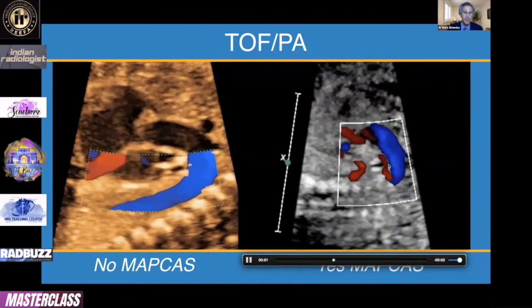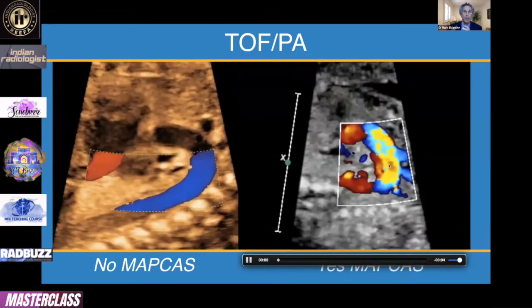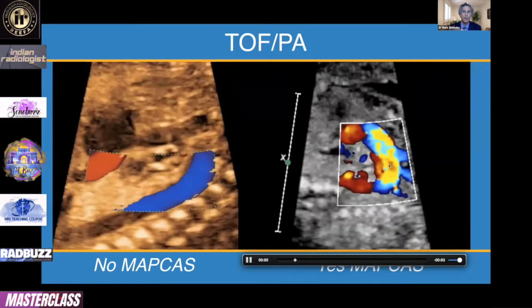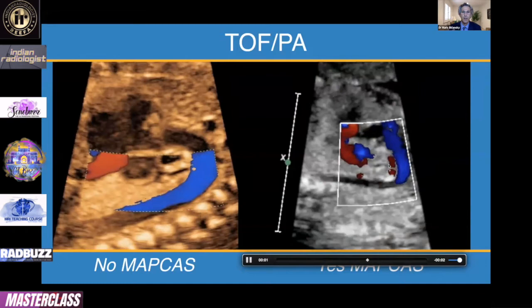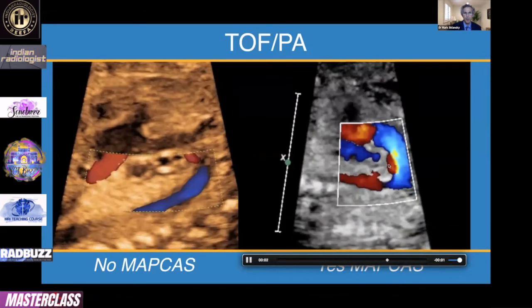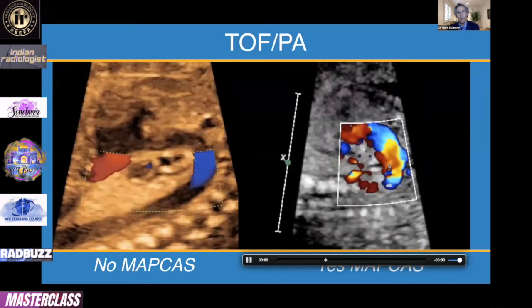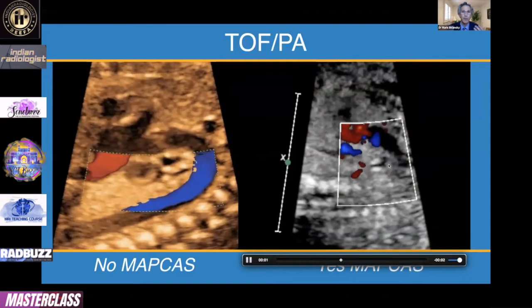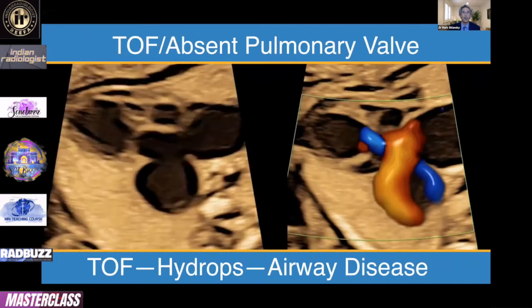In this case, this is a very poor prognostic subset of tetralogy with pulmonary atresia. You'd rather have tetralogy with pulmonary atresia with ductal-dependent pulmonary blood flow than with MAPCA-dependent pulmonary blood flow. And it's nice to have as much information as you can before delivery so you can counsel and then decide where to deliver.